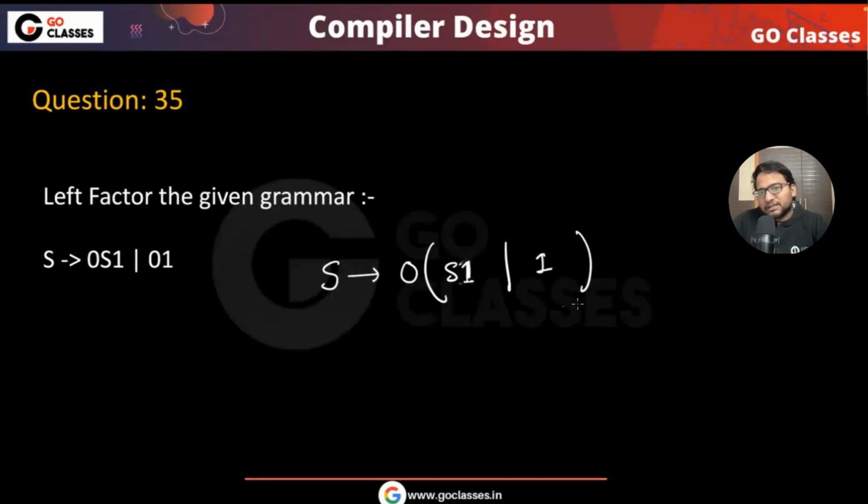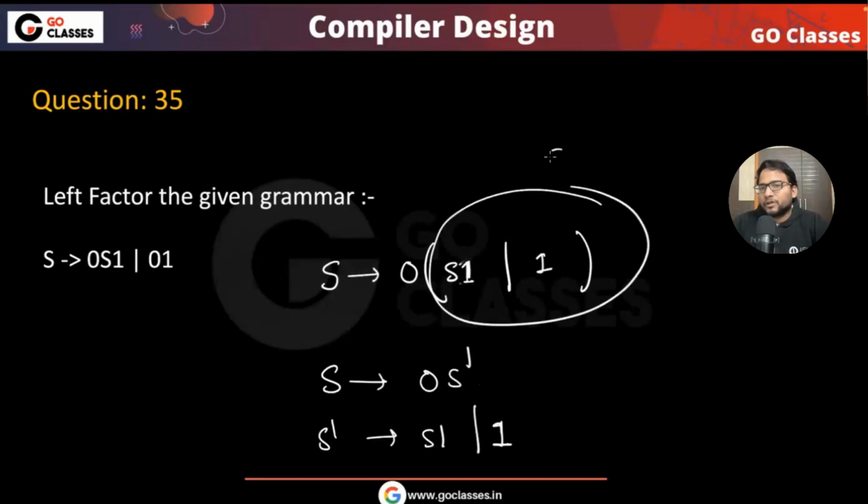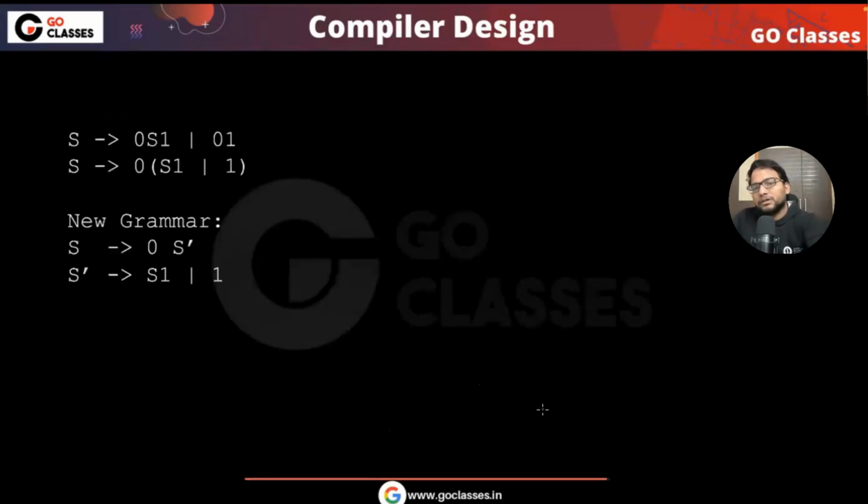Let me say this is S dash. So S gives 0 S dash, and then S dash gives S1 and 1. You say that 0 is common, and then you write like this, and the new grammar will be something like this.